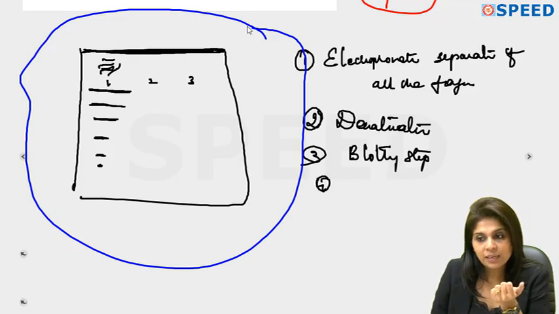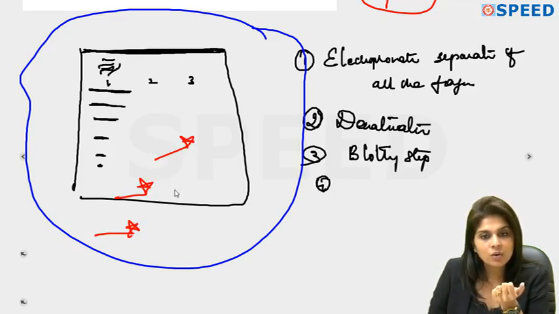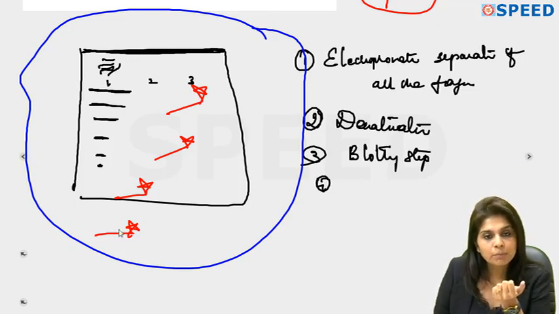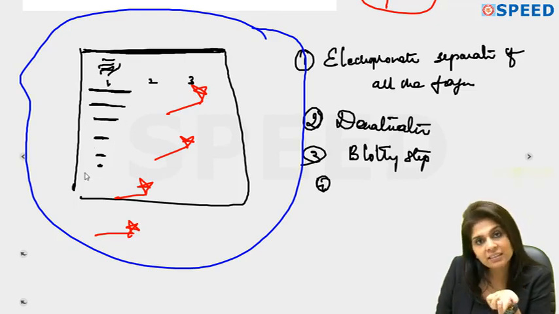So these radiolabeled probes, as I've already told you, are labeled with radioactive substances. They are single-stranded and they are complementary to the gene of interest. So these radiolabeled probes will try to find complementary sequences on all these bands, and once they find complementary sequences, they hybridize.